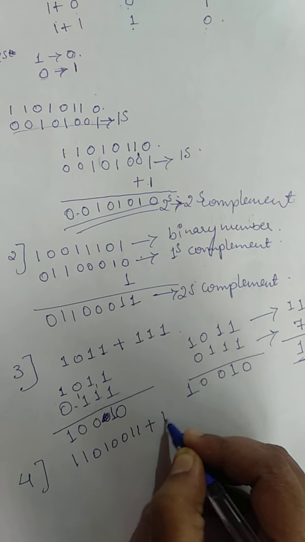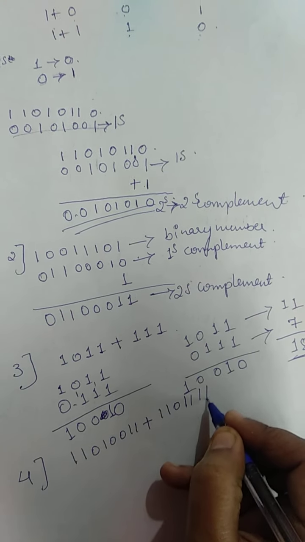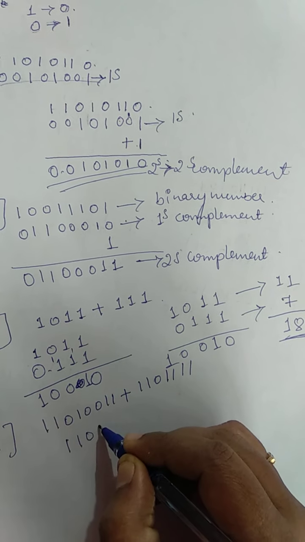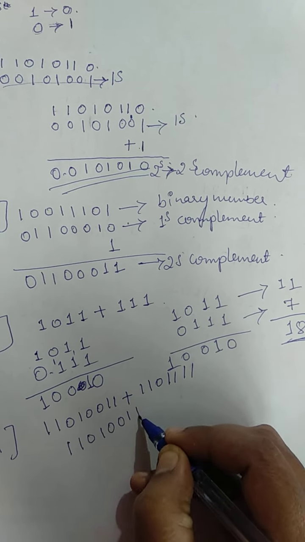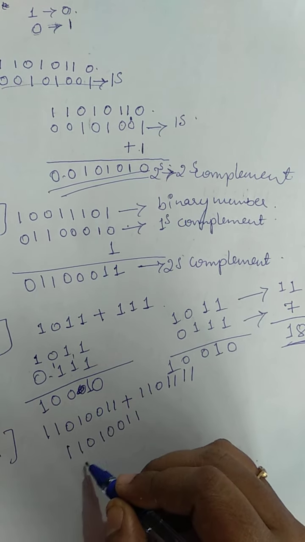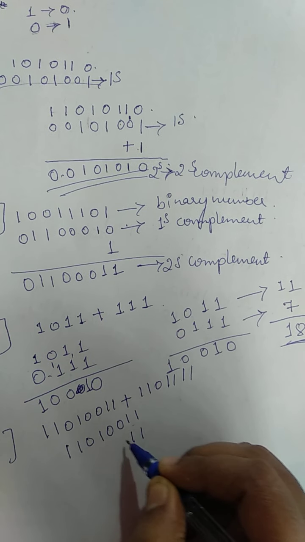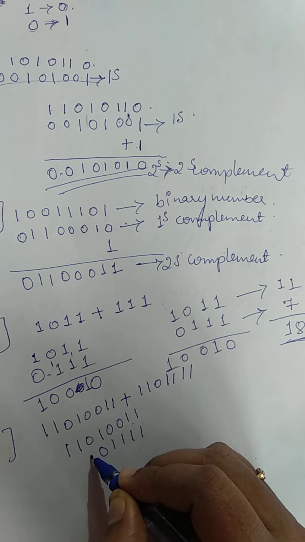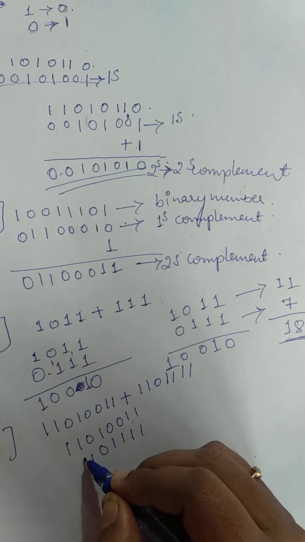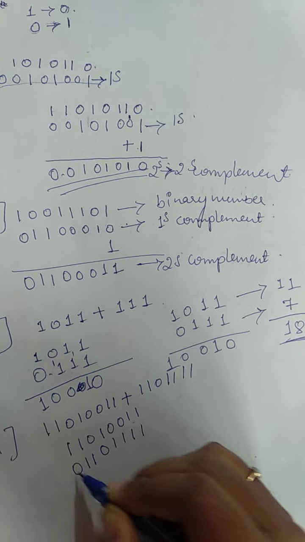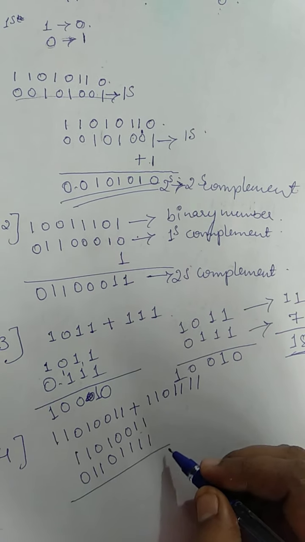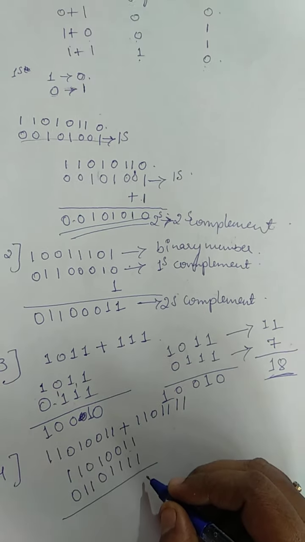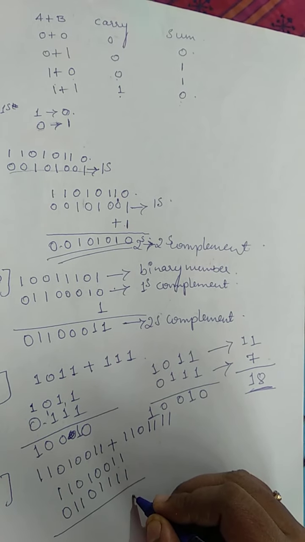That is 11010011 plus 110111. Then add it. So 1 plus 1, sum will be 0, carry will be 1.